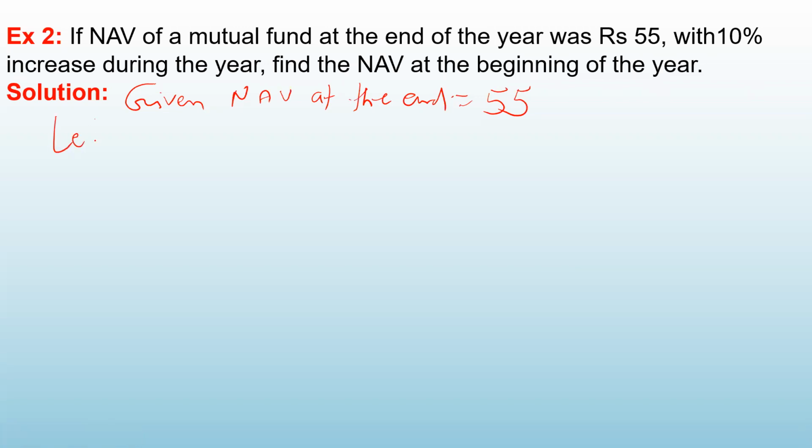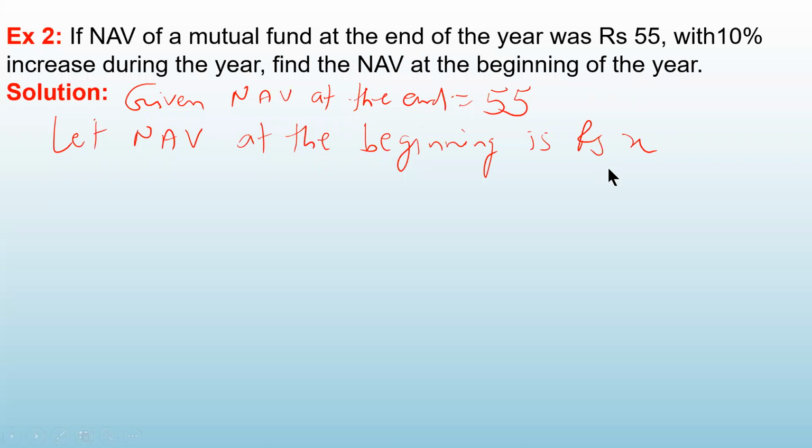So let us suppose that NAV at the beginning is rupees X. Okay, we don't know that. We have to find out. So let us call it as X. Now there is how much increase in the NAV? Beginning में X था, कितना percent increase हो गया? 10% increase हो गया.